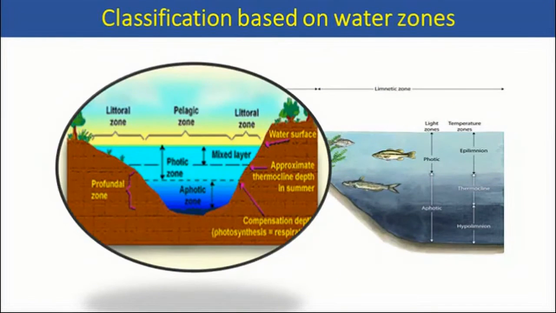If we classify lakes on the basis of the water zones, we will find three basic zones. One is littoral zones, pelagic zones, and profoundal zones.